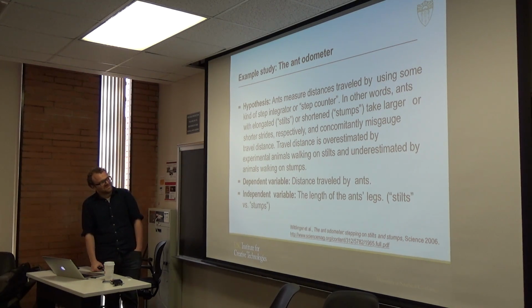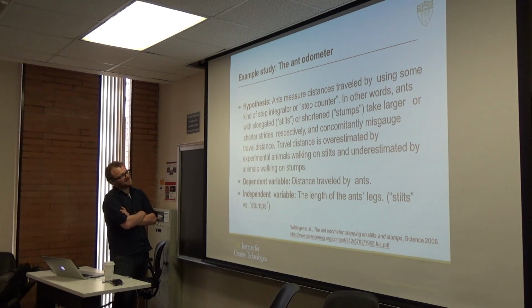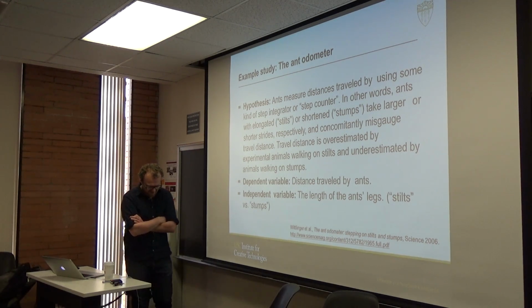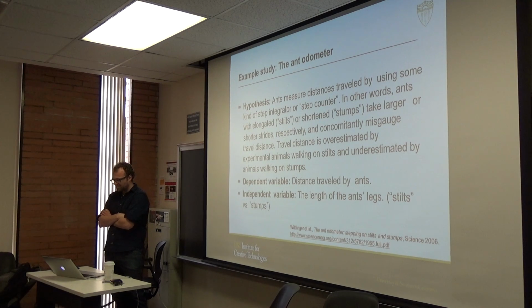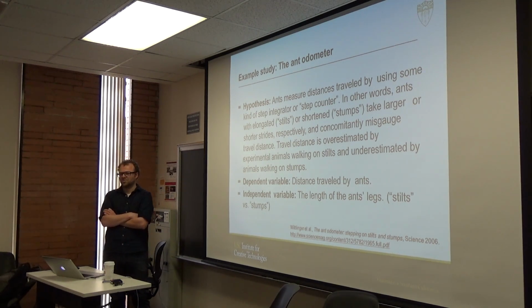The research hypothesis is kind of cool: ants measure distance traveled by using some kind of step integrator or step counter. So ants coming back from a food source to the nest use a step counter. They count steps. That's their hypothesis.